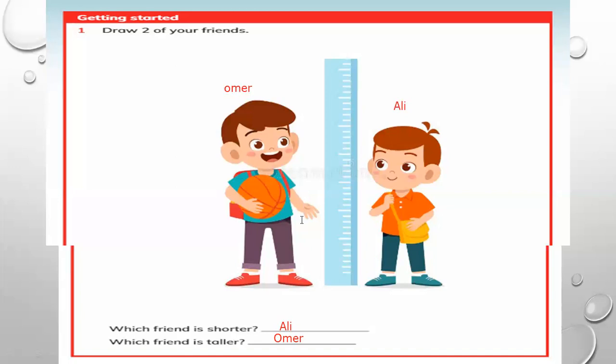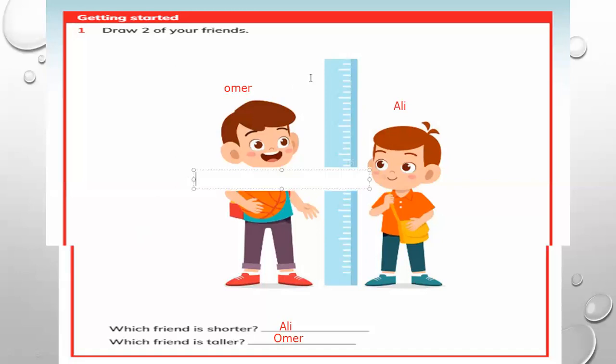The boy who is wearing the blue shirt is Umar and the boy who is wearing the orange shirt is Ali. This is how you can measure, and you are going to estimate as well. If things are shorter or small, we can use a ruler to measure them easily.